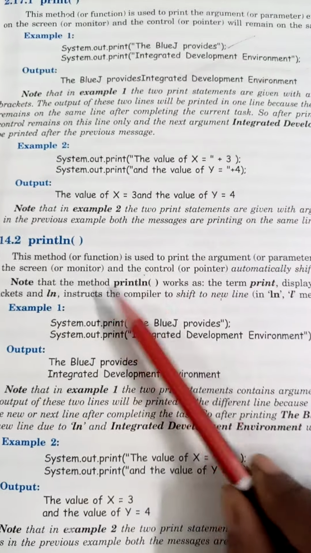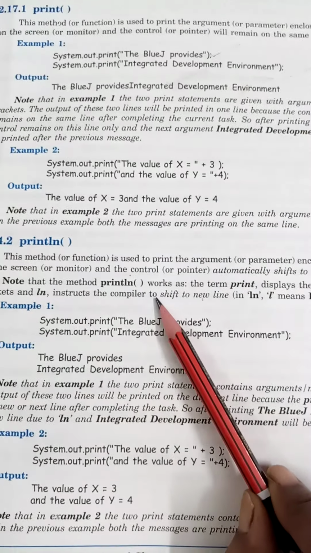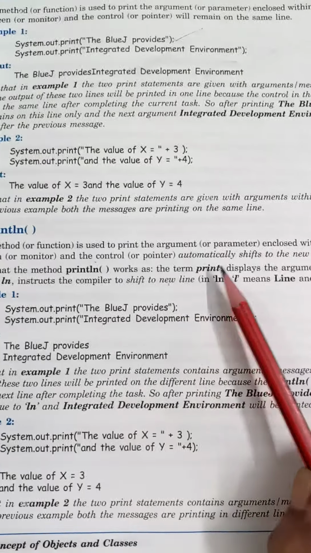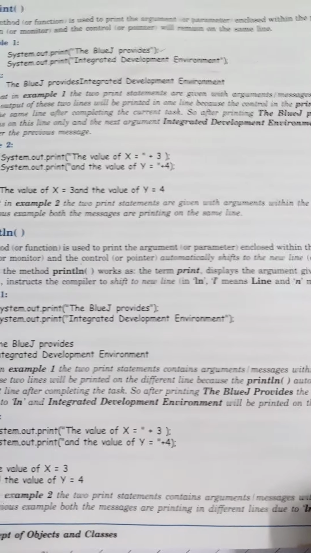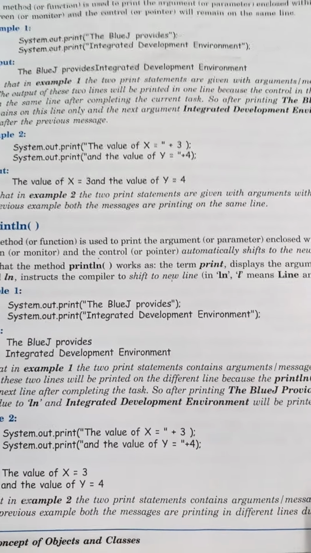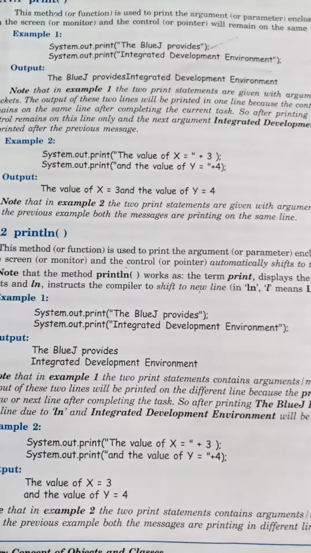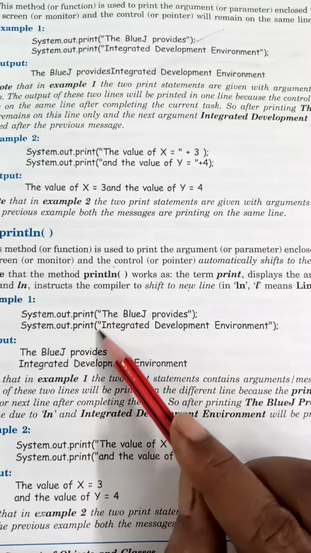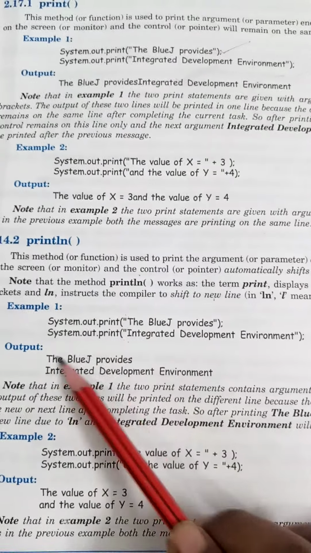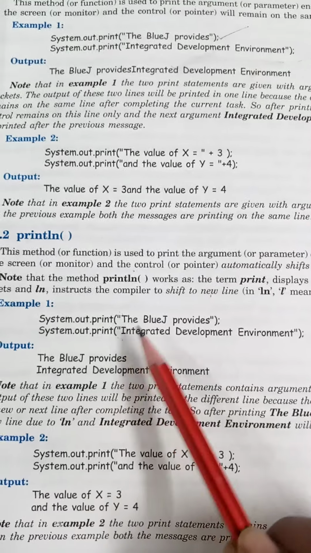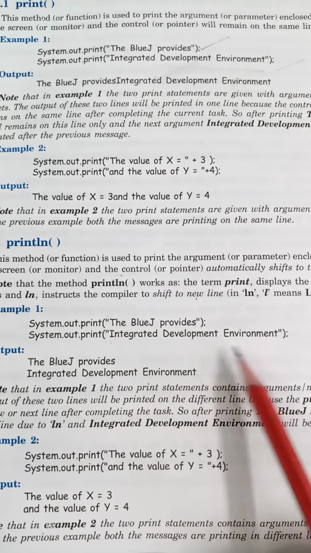But if you are using the println method, the pointer automatically shifts to the new line. Suppose we write System.out.println twice with the messages: BlueJ provides integrated development environment.